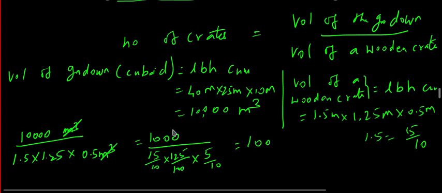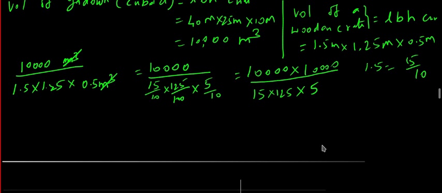This is already 10,000. So 10,000 into this, if we bring it to the numerator, we will get 4 zeros, 1, 2, 3, 4 zeros. What will be in the denominator? 15 into 125 into 5.